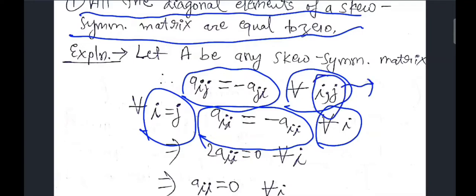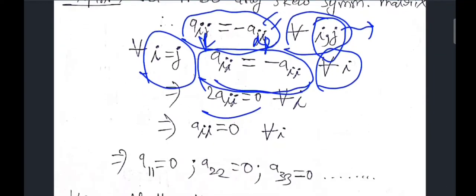It is not given that i and j must be distinct. So if I take i and j to be identical, then Aii equals minus Aii, so 2 times Aii equals 0. So Aii equals 0, and clearly the diagonal elements have turned out to be equal to 0.